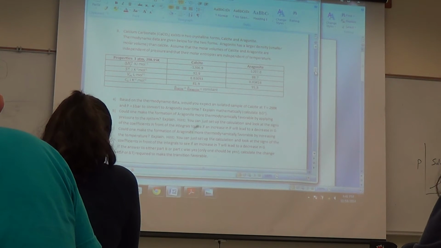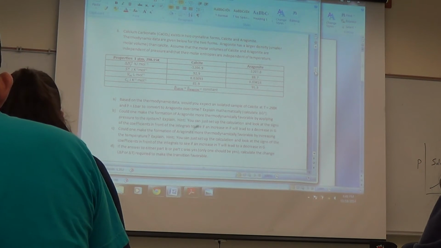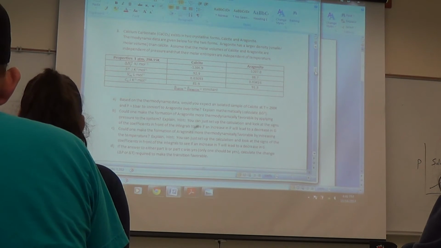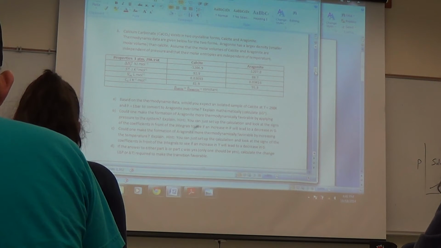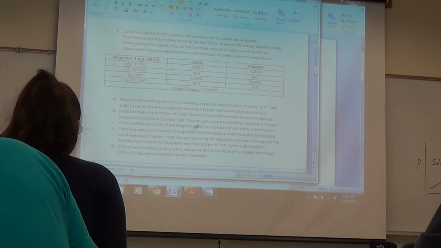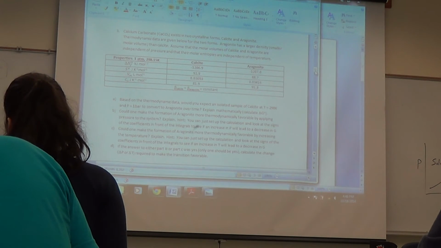Assuming the change in pressure is positive, then this term will be positive. The only thing that's going to lower your Gibbs free energy is if this term right here is negative. If this term right here is positive, then the delta G of the reaction is only going to increase with an increased pressure.